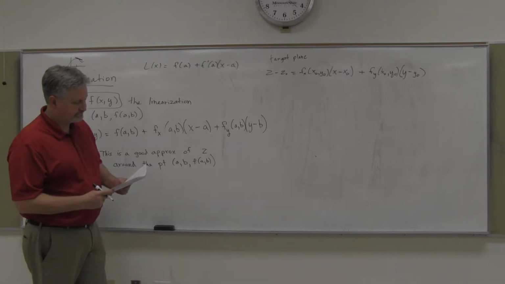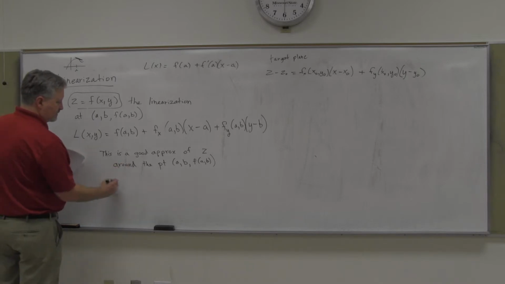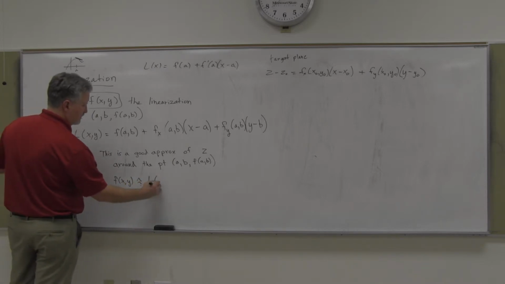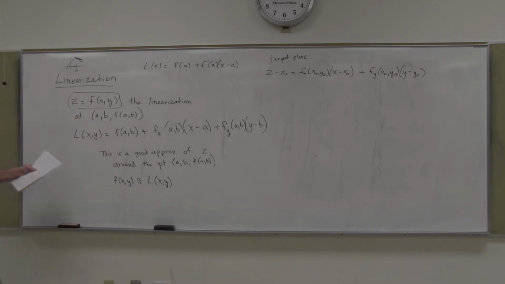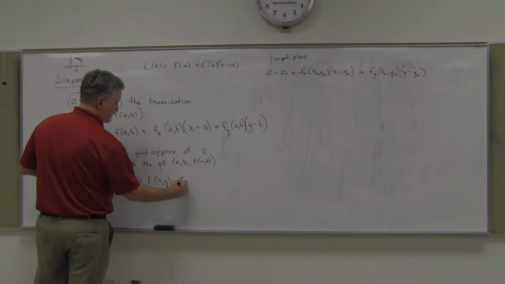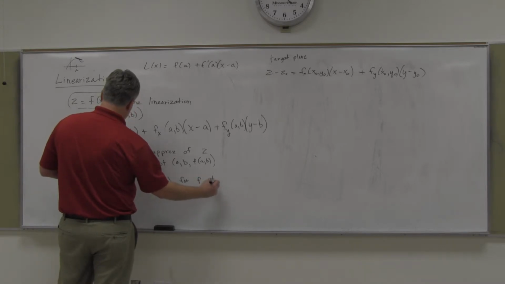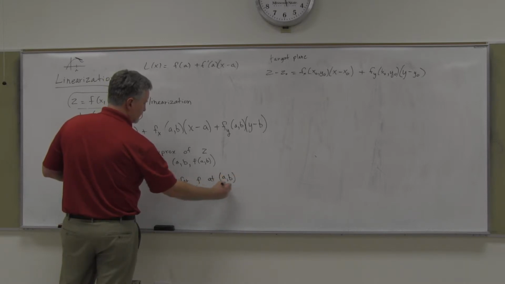All right. Let me write that, because another way to say that is f of x, y is approximately equal to L of x, y for f around or at A, B. Something like that.